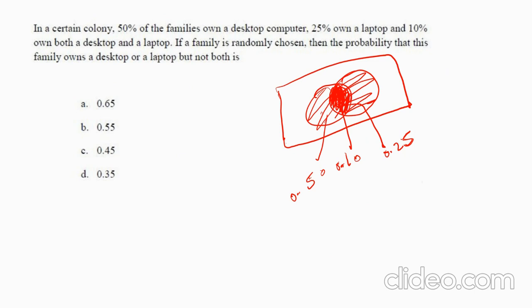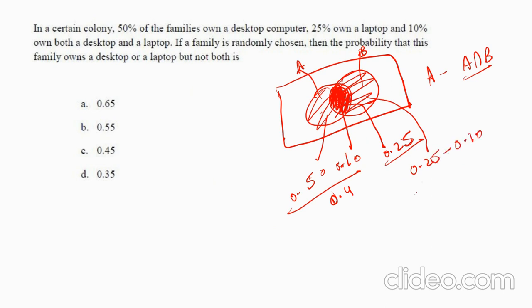So 0.5 minus 0.10, let's say this is A, this is B: A minus A intersection B will be 0.4, and similarly for B we will find this portion only, which is 0.25 minus 0.10, which will be 0.15.